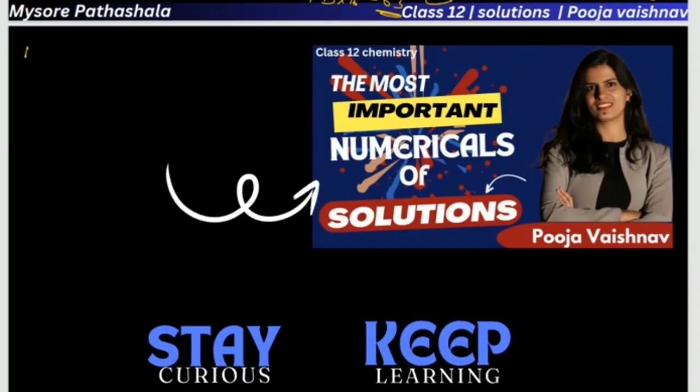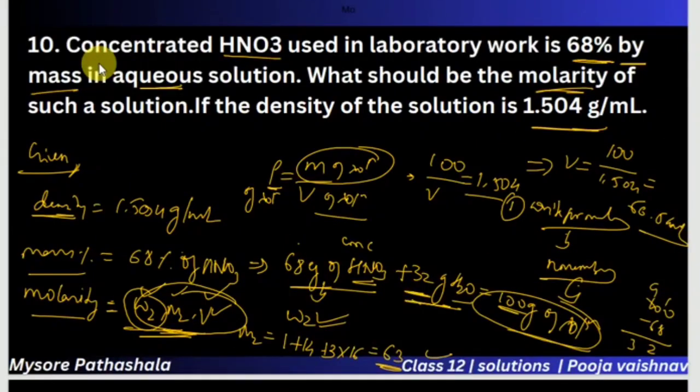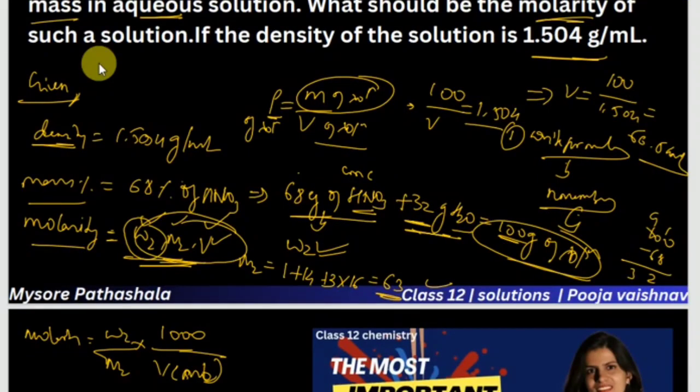So molarity is equal to W2 by M2 into 1000 divided by volume of solution in ml. W2 we got from here, 68, and M2 is 63.